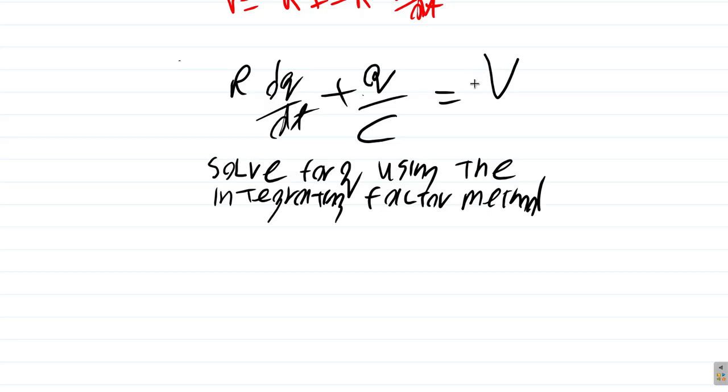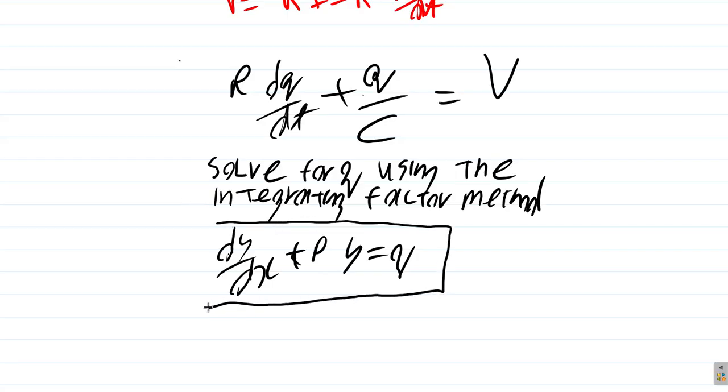We need to divide both sides by R so that we have the dq by dt, just like how you have dy by dx plus py equal q. So we can identify each part.